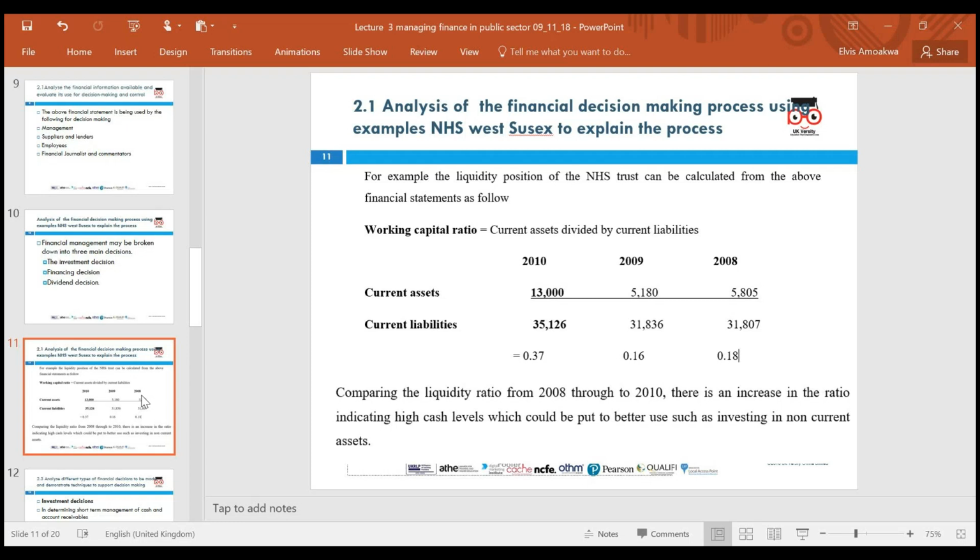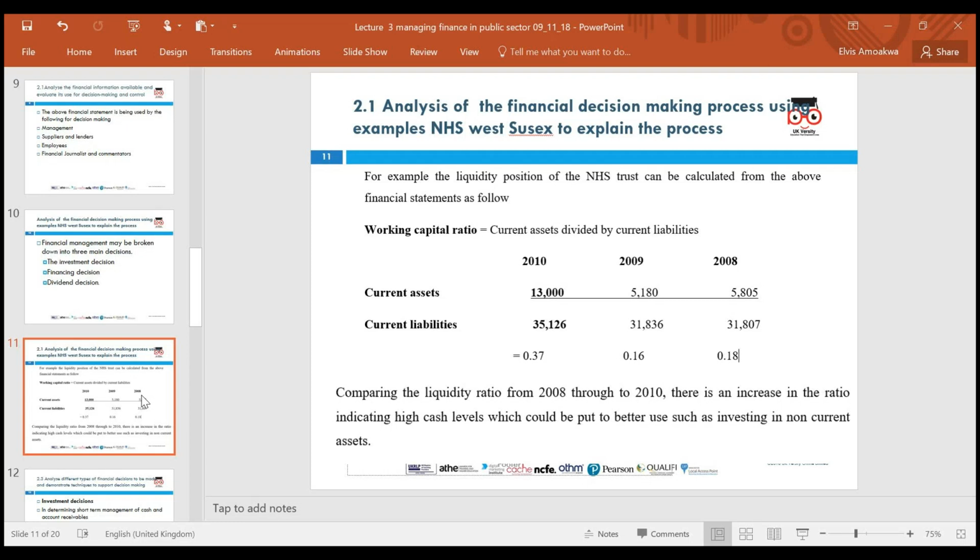So having the balance sheet, you can quickly understand what is going on. Looking at the liquidity or working capital ratio for the three years, comparing the ratios from 2008 to 2010, there's an increase in the ratio, indicating a high cash level, which shows that things are moving on well.